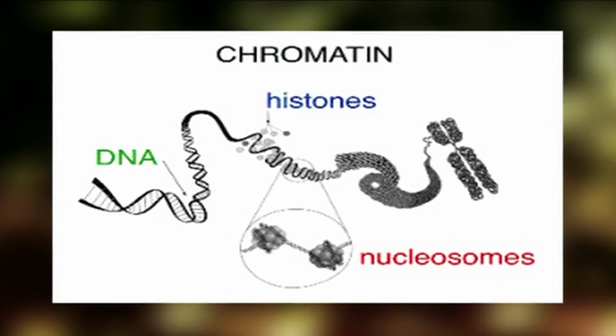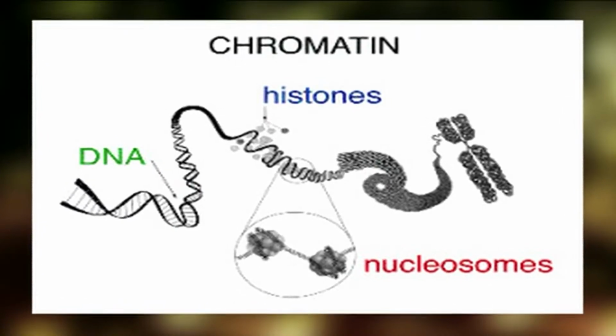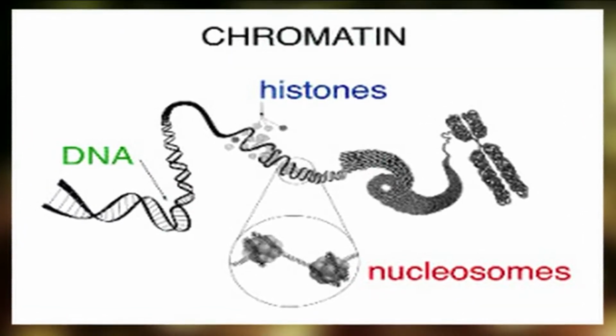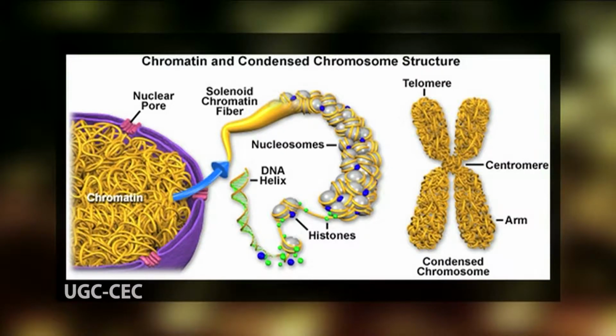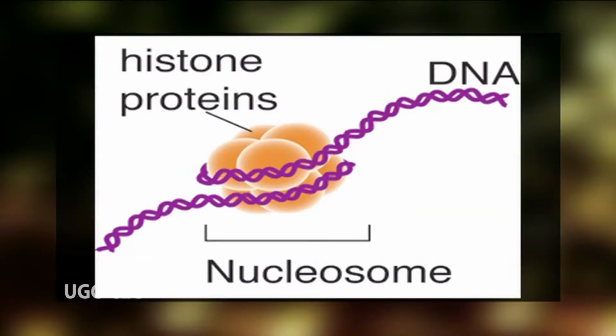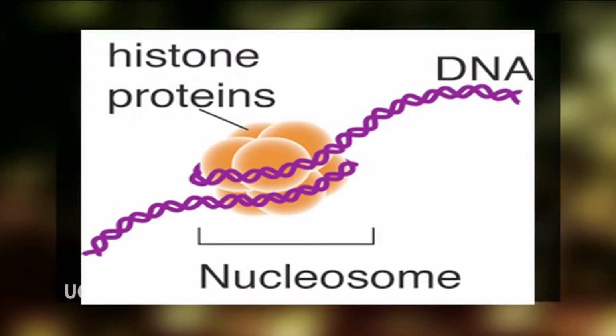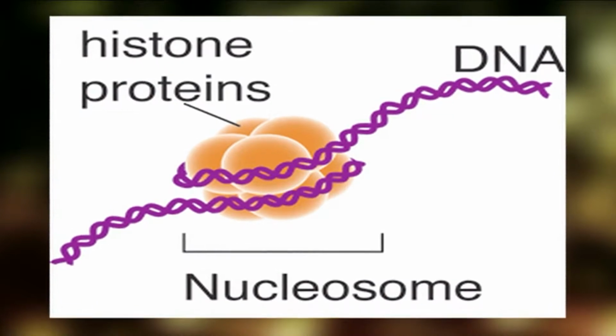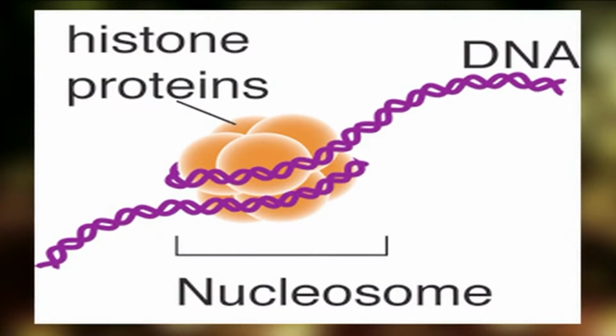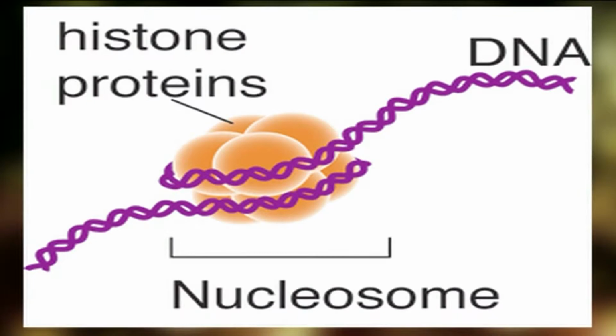Chromatin consists of fibers containing protein and DNA in approximately equal masses, along with a small amount of RNA. The DNA in the chromatin is very tightly associated with proteins called histones, which package and order the DNA into structural units called nucleosomes.